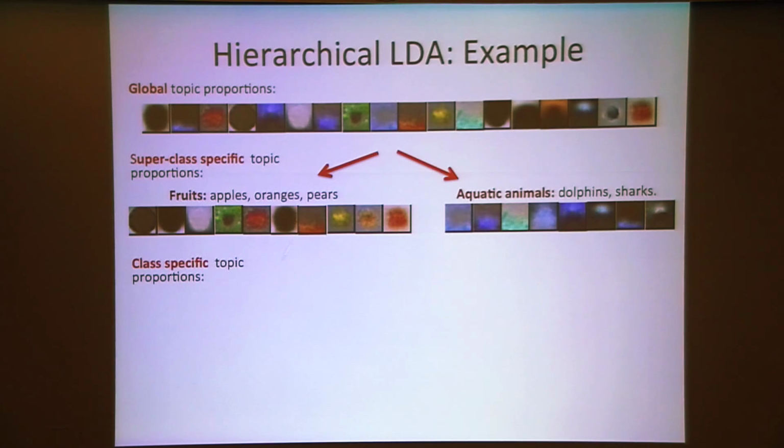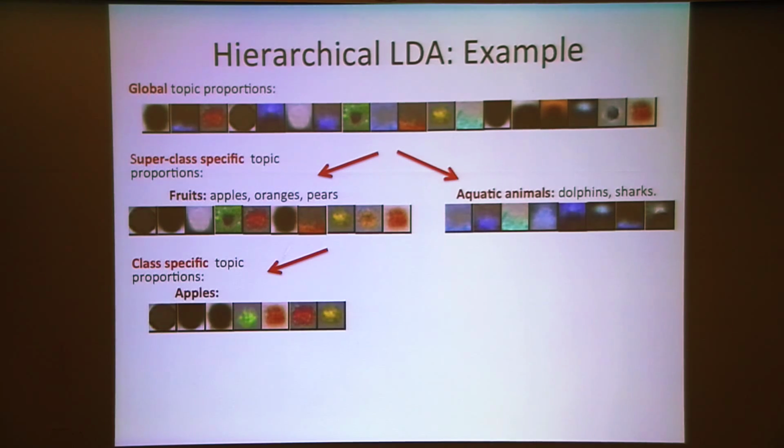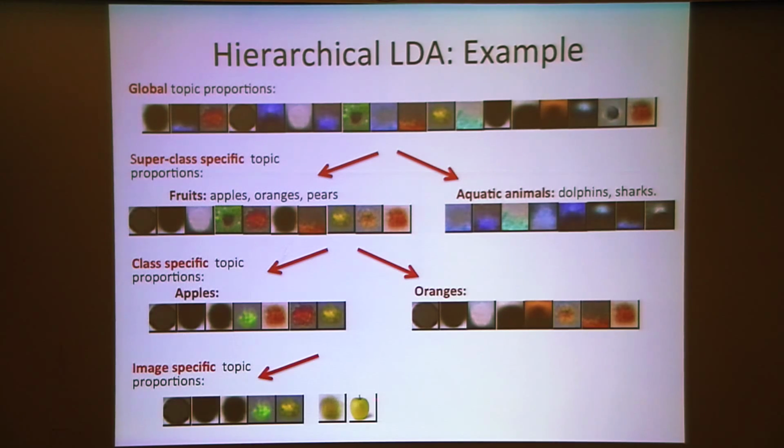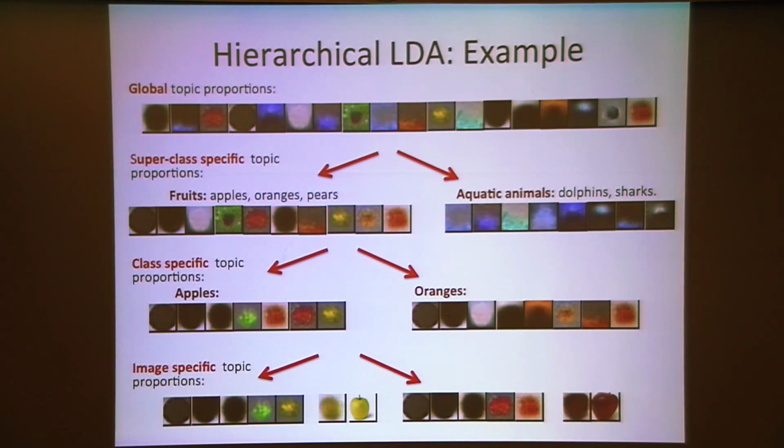Then there are class-specific topic proportions. You might say apples typically have these high-level features, and oranges have these high-level features. Notice that oranges have more orange color associated with them. And then you have image-specific topic proportions. So this apple, and this is the reconstruction of this apple, has these high-level features. It's yellowish and round, versus a red apple, where you again have shared high-level features, and then a red color component associated with those apples.